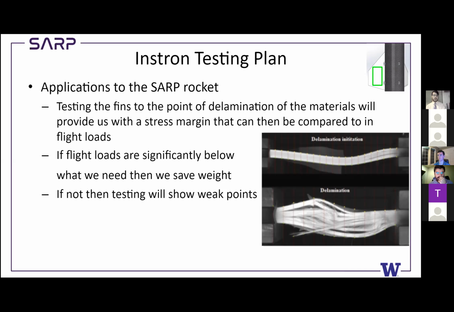We also touched on flutter, as Patrick said. Just a bit of background: flutter is when your fins begin to oscillate in unstable harmonic motion, and this occurs at specific speeds depending on the geometry and materials that you use for your fins.